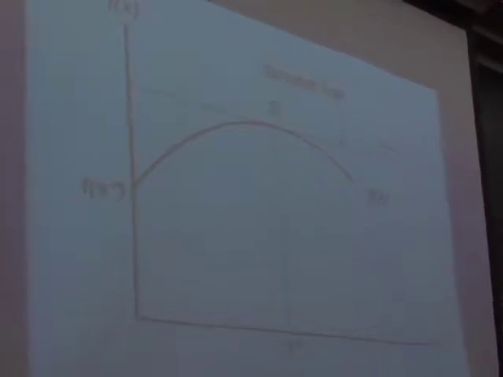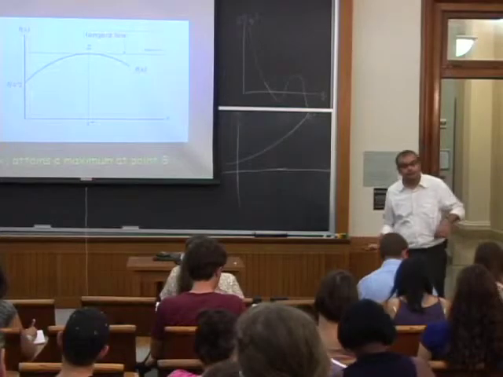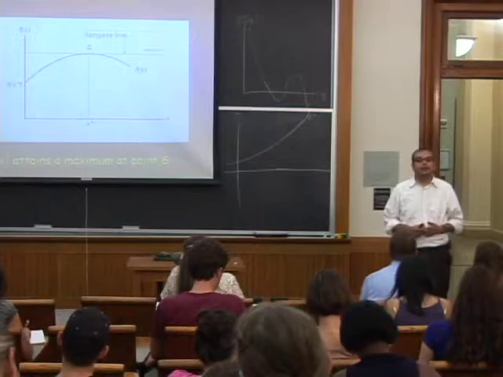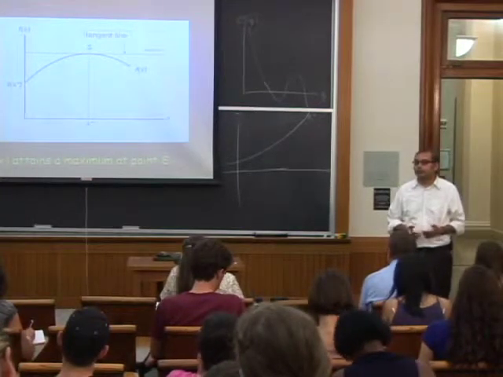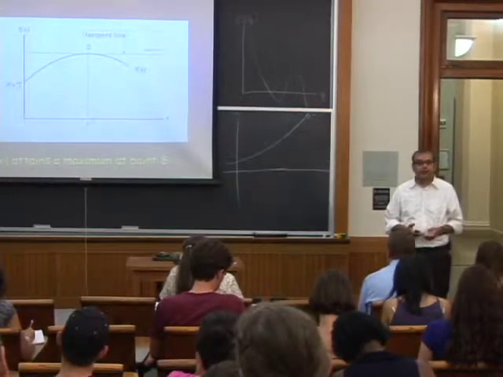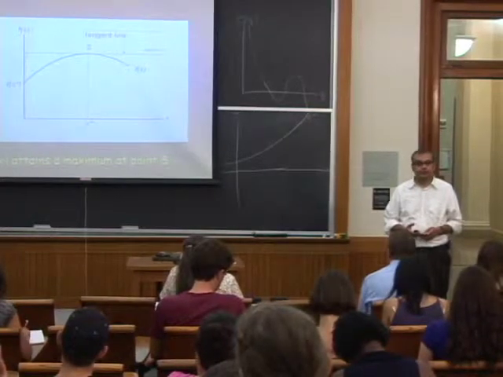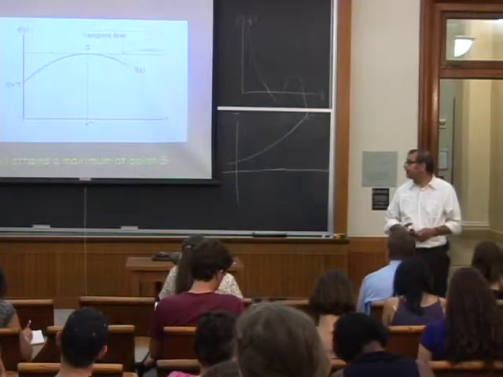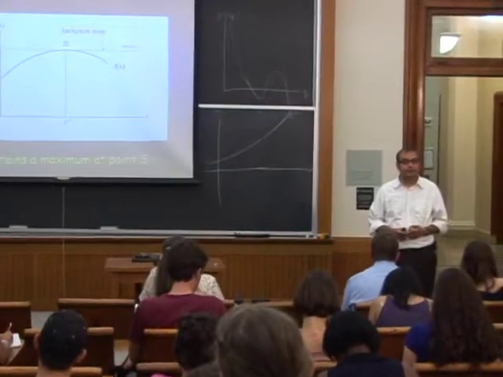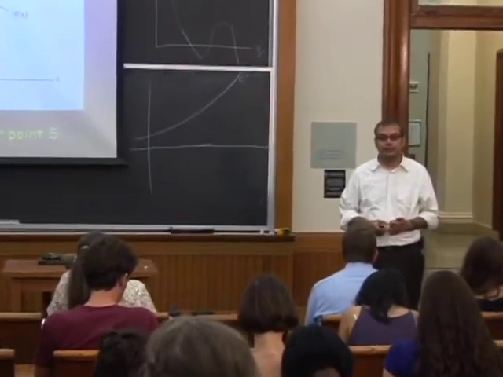So concave functions attain their maximums at points where the slope is equal to 0, and convex functions attain their minimums at the point where their slope is equal to 0.